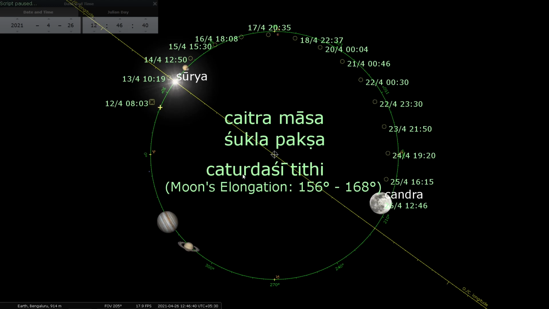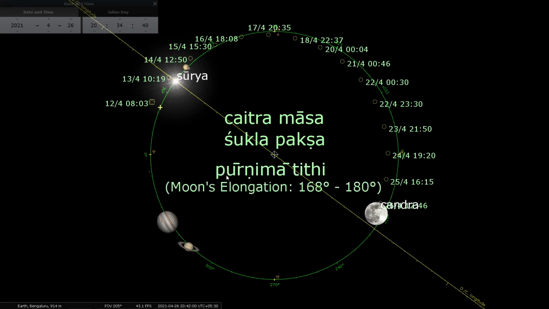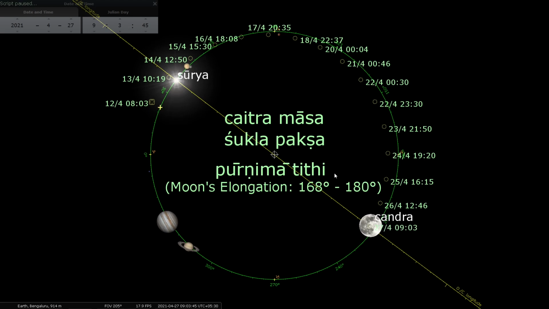But no, we don't do that. Instead, we reuse an old term, Purnima Tithi. And that ends at 180 degrees. Here is the sun, here is the moon, completely in opposition, 180 degrees. And that is Purnima. So instead of saying Panchadashi Tithi, we simply say Purnima Tithi in the case of Shukla Paksha.